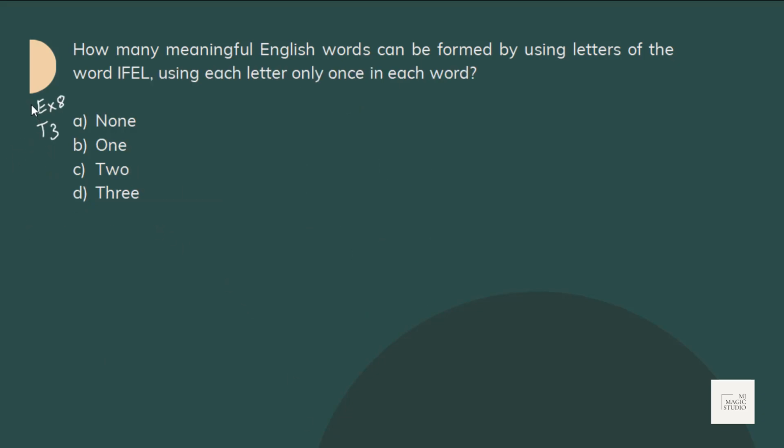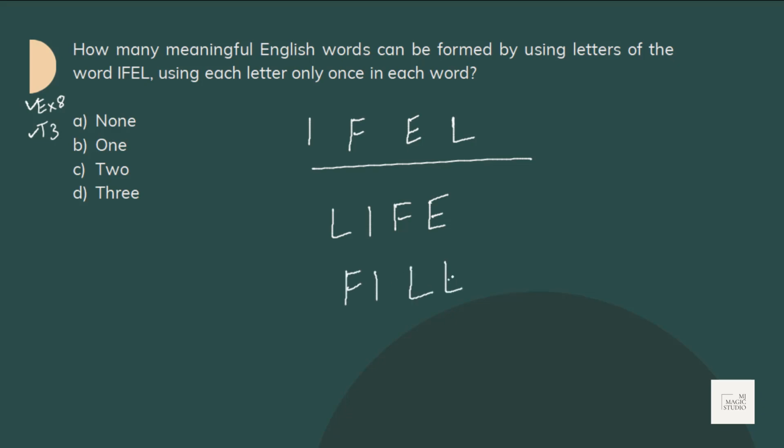So let's move on to the next example. Example 8 from type 3 of questions. How many meaningful English words can be formed by using letters of the word IFEL, using each letter only once in each word? Okay, we have IFEL. So we can have LIFE, yes, life is there, and file, FILE.